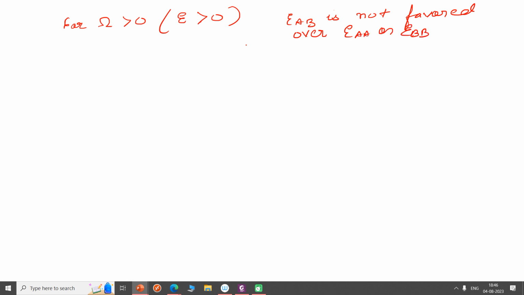This is because if the change in the bond energy is higher, that means after the bond formation of AB, the bond energy is actually increasing, which is not good because the system is not stable. So the AB bond is not favored. So hetero bonds are not favored in this case.